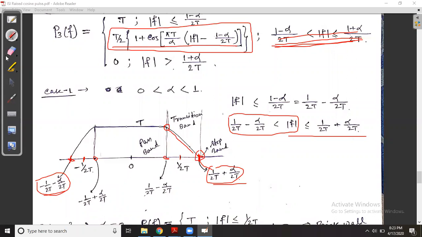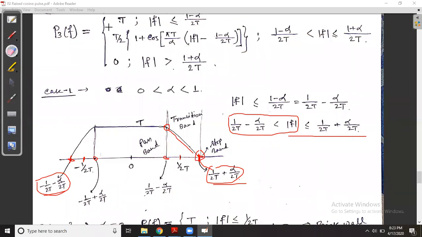When this condition is satisfied, the pulse amplitude or shape will depend on this value. That is 0, nothing but 0, when the value of frequency is more than 1 by 2T.